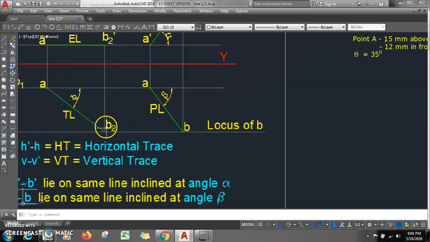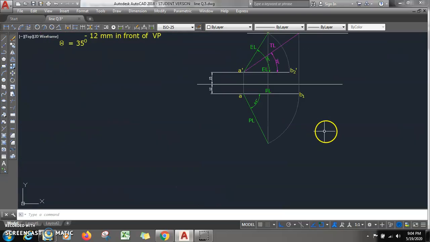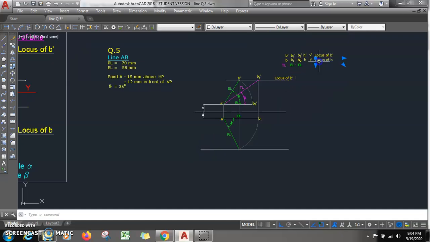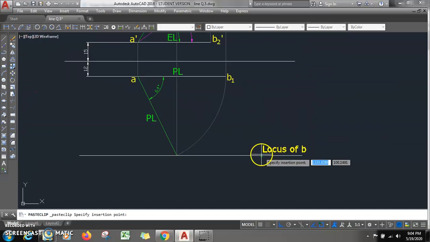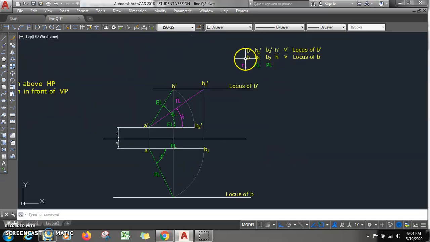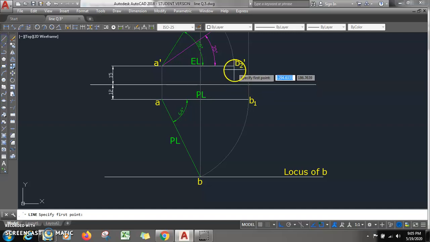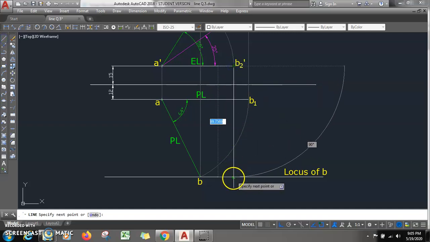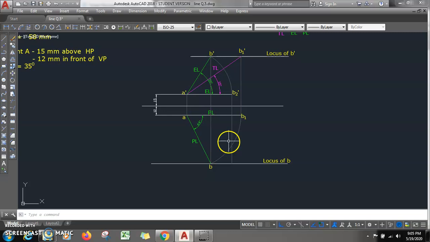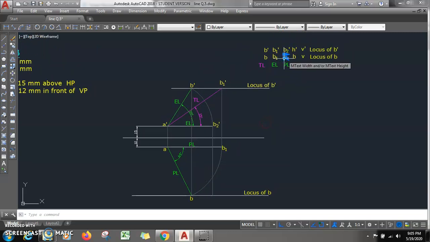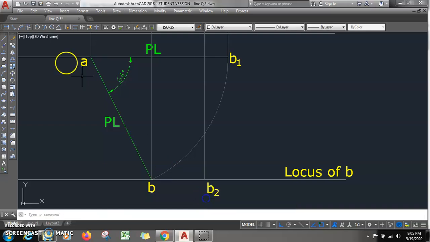From B2 dash, if I draw a vertical line I will get B2 on the locus of B. This line is the locus of B, and this point is point B. So from B2 dash draw a vertical on this line, and on this line you will get B2.